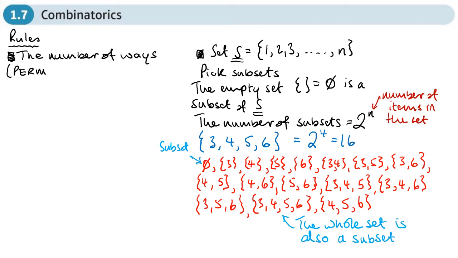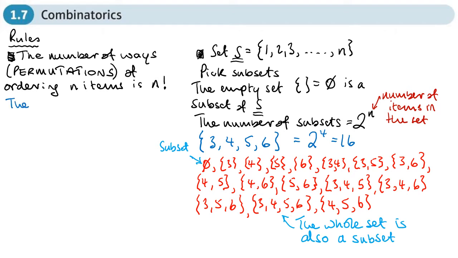Okay, so let's go through the rule here. The number of ways, and the proper name for that is permutations, of ordering n items is n factorial.